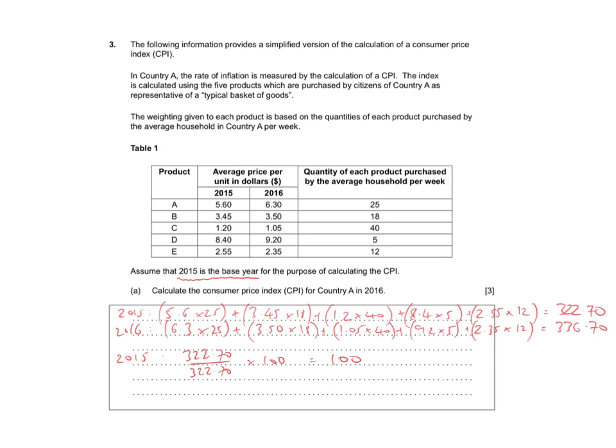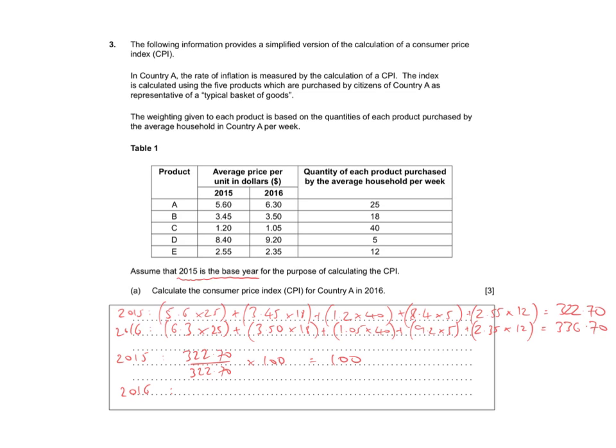And the rule when we're generating and constructing an index is that whatever we do to the data in the base year to convert to 100, we have to do to the data in any other year. And this keeps the index in proportion to the raw figures.